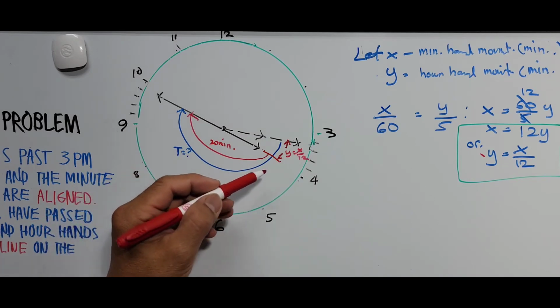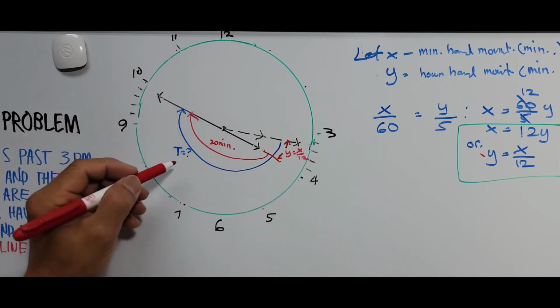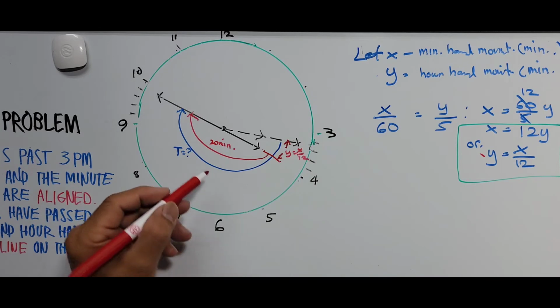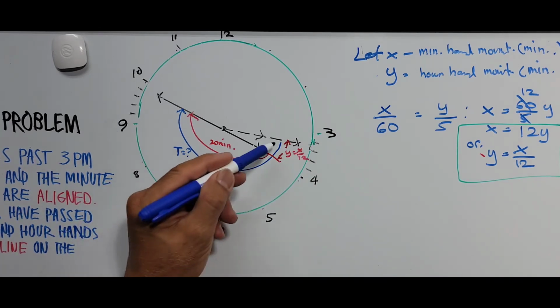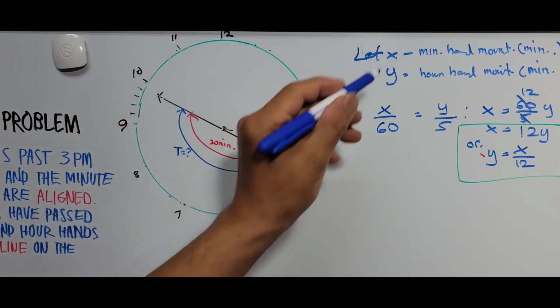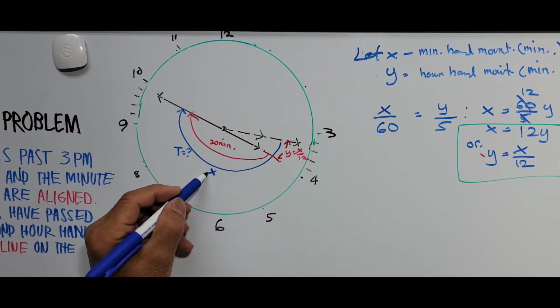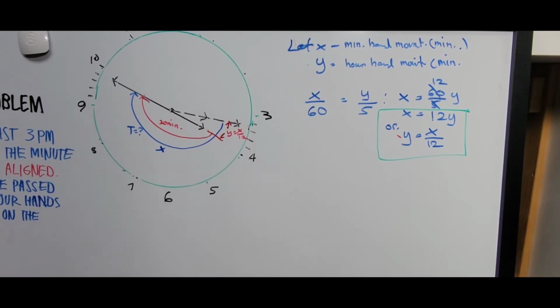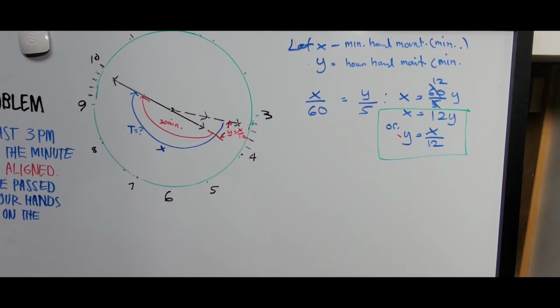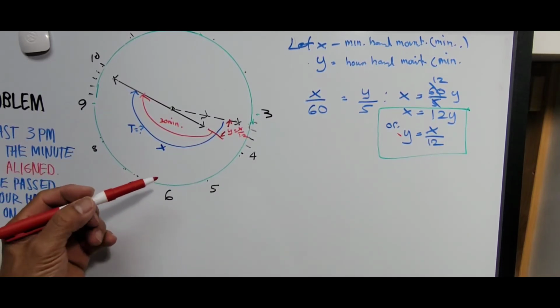And from this, t actually is x. The movement of the minute hand is x. Now, if we take a look at our illustration again, we need to find an equation out of this.